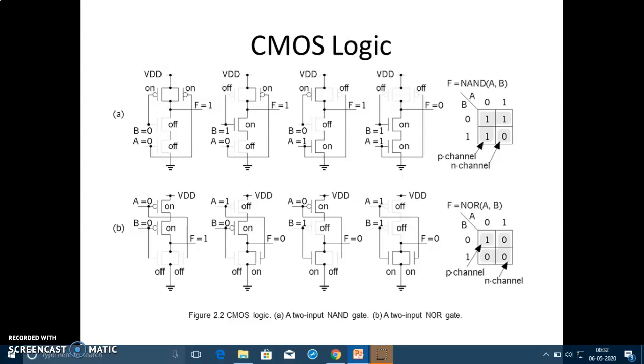We see the two input NAND gate, two input NOR gate, and the truth table here. Like that we can use transmission gate and PMOS transistor for function implementation. For example, if f equals a bar b plus c into d, that function can be drawn using this logic.